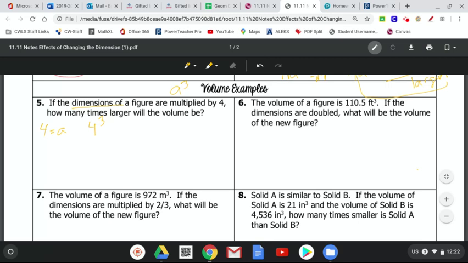So we do 4 cubed, that is 64. So how many times larger will the volume be? Well, it's going to be 64 times larger. All right, 64 times larger.